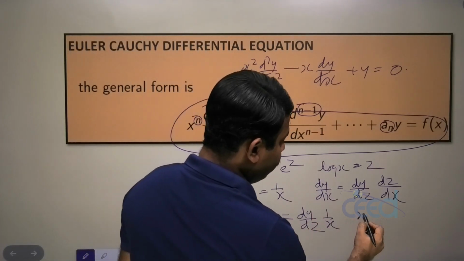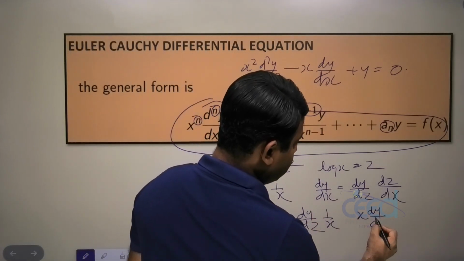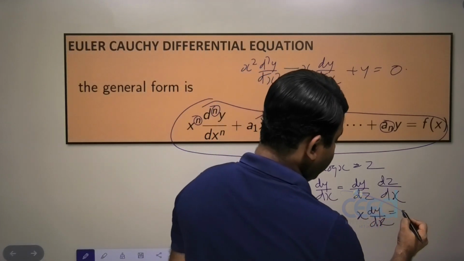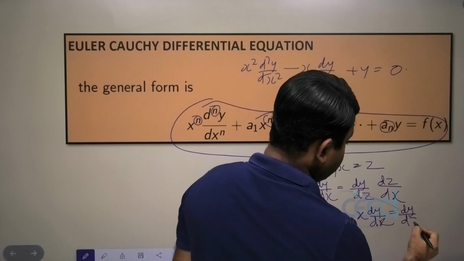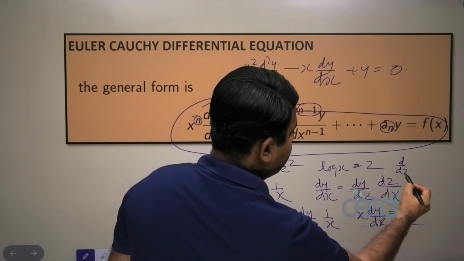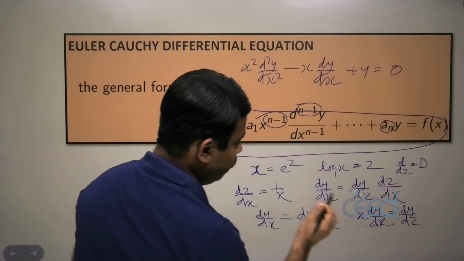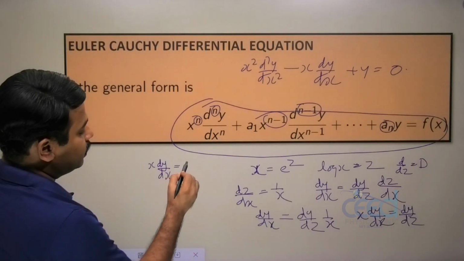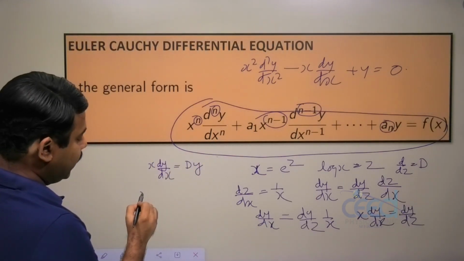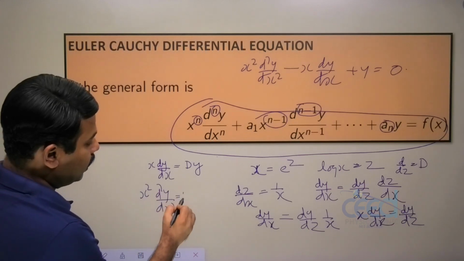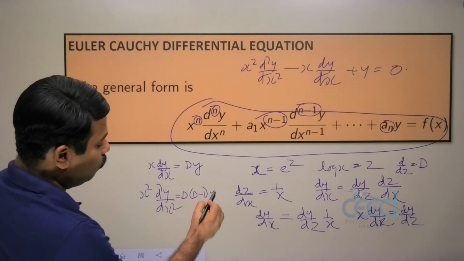Then x dy by dx I can write as dy by dz. Now d by dz I take as capital D. Then x dy by dx is Dy. Then x square d square y by dx square I can write as D into D minus 1 into y.